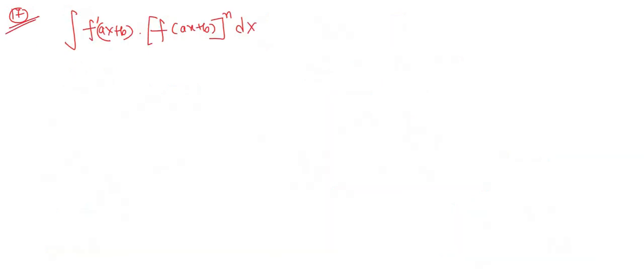So this is question 17 from Miscellaneous. Okay. Can you think of something whose derivative is present in the question itself? Whose derivative is present in the question itself. So if I take f of ax plus b as t, what is the derivative of this? f dash ax plus b.